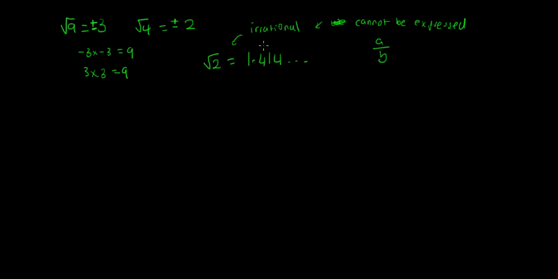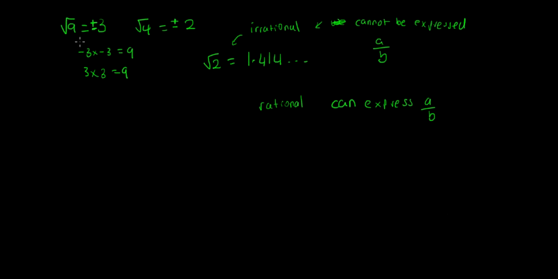And a rational number would simply be the complete opposite. A rational number is a number that we can express as a fraction of a over b.